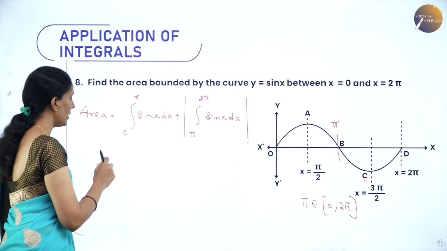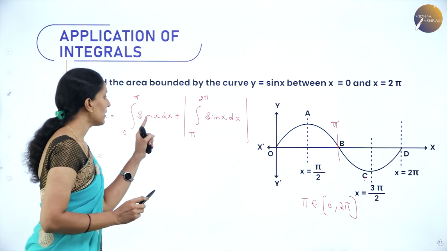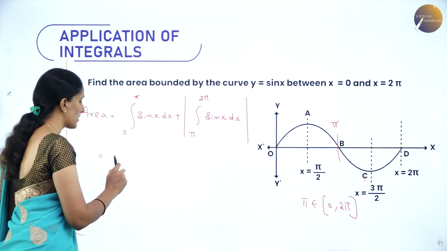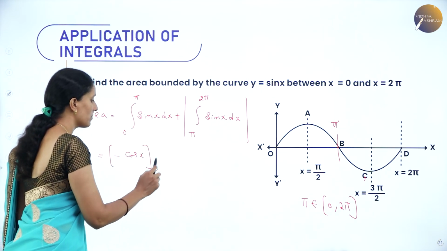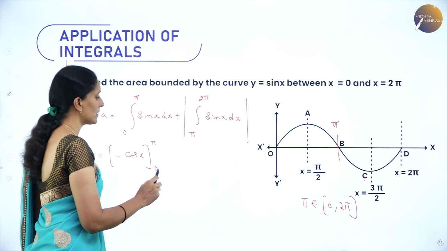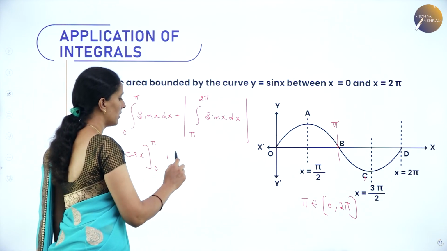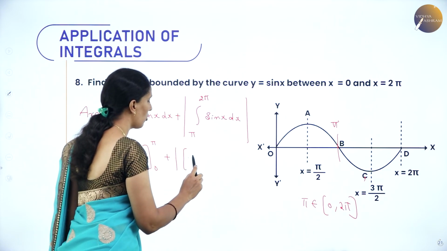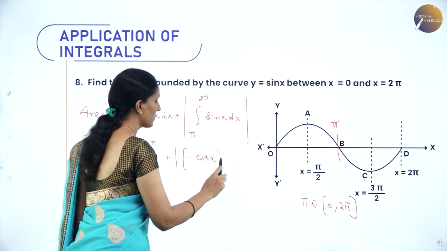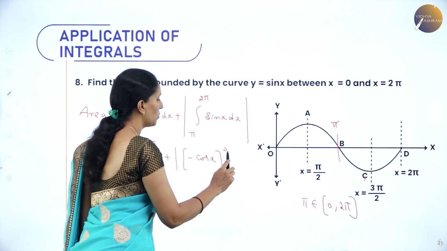So now here, what is the integral of sine? Minus cos x. Apply the limit from 0 to pi. Next here again, modulus. So let us write the integral of sine is minus cos x from pi to 2 pi.